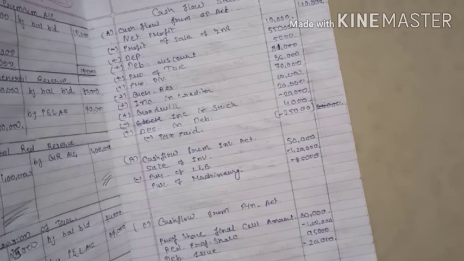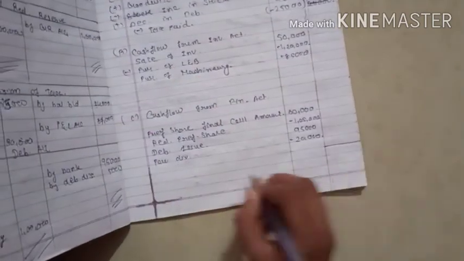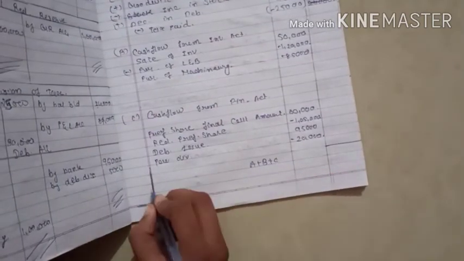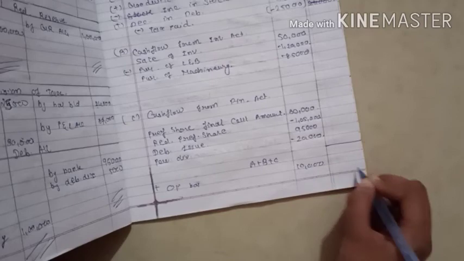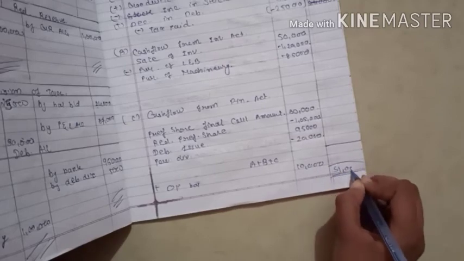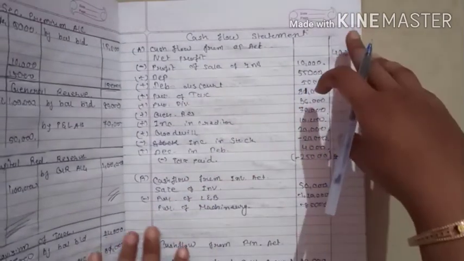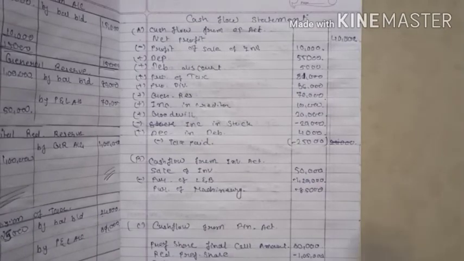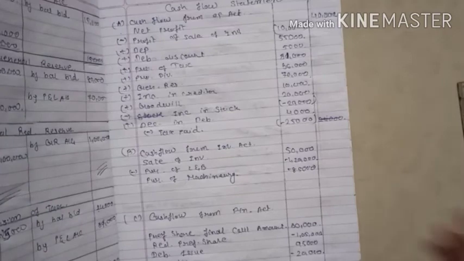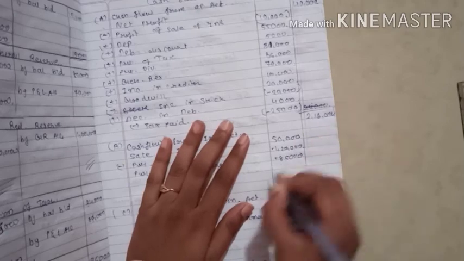Then cash: opening balance 10,000 and closing balance is 51,000. So we are going to add A plus B plus C, then plus opening balance 10,000, and the answer should be 51,000. So let's close the account, total the A, B and C and find out whether it is coming. So total of A is coming 2,16,000.